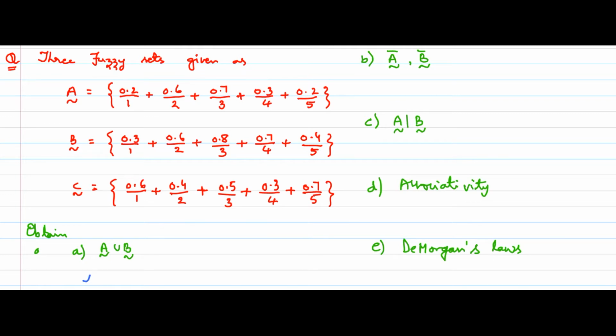So the membership function for A union B is equal to, this is A union B, so we need to identify the maximum value out of A and B for a particular value. So it should be maximum of mu A and mu B.